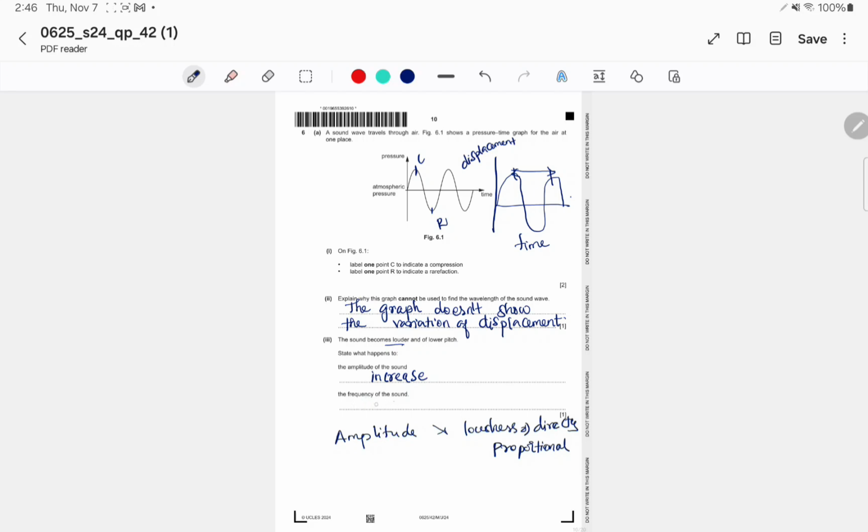They are also directly related. Pitch depends on the frequency, directly proportional. If it is directly proportional, lower pitch means decrease in the frequency.